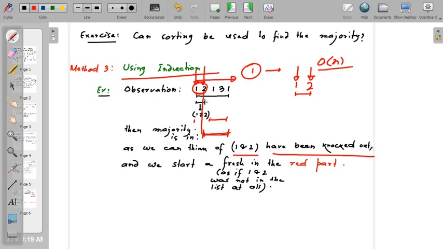Okay. And then maybe we can start the problem afresh and think about whether the next remaining part could be the contender for the majority.